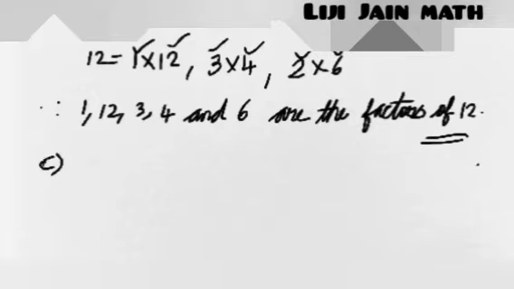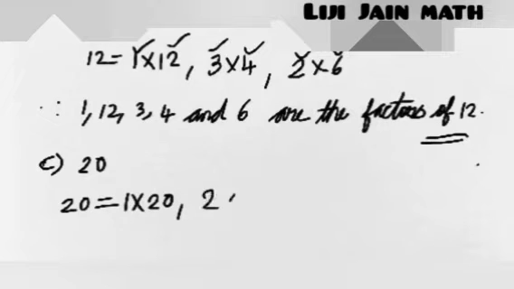C. Let's consider the number 20. Which are the factors of 20? 20 can be written as surely 1 into 20. Isn't it? So 1 and the given number are the factors of a given number. Surely. And anything else possible? Yes. 2 tens are 20. Okay. Yes. Good. Then anything else?